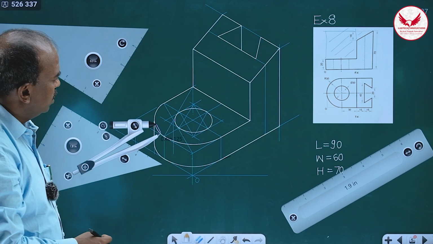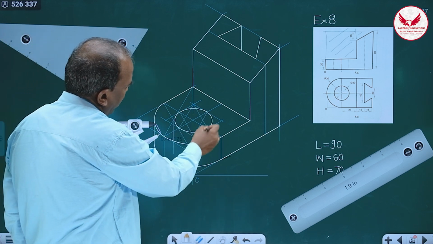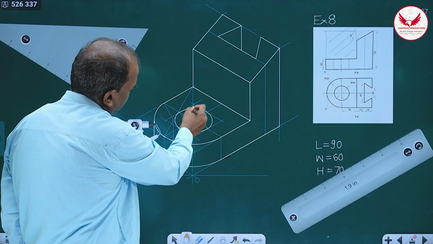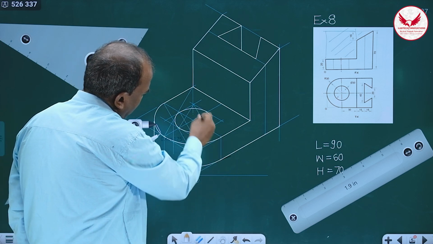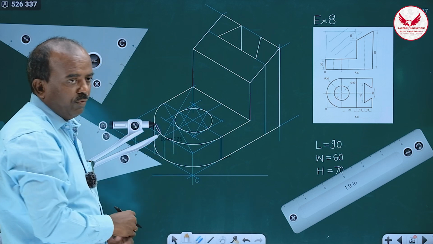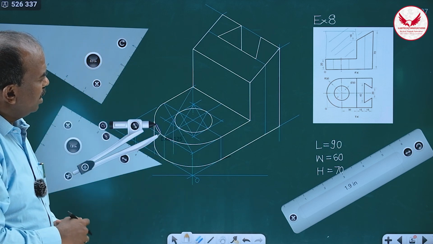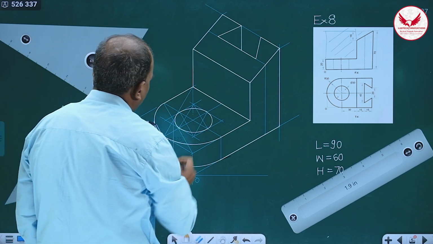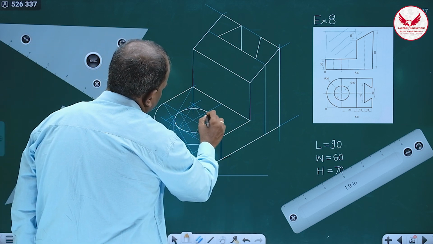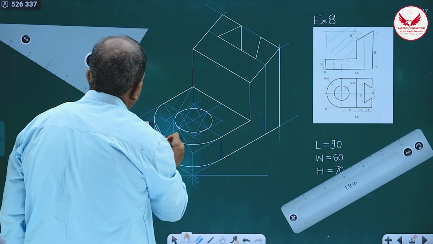Again, the question is what? Whatever ellipse we are drawing, if its minor axis is greater than the thickness, then the lower edge also is going to be visible. For drawing that lower edge, a very simple procedure is this: there is a possibility of this edge, and its center is over here.